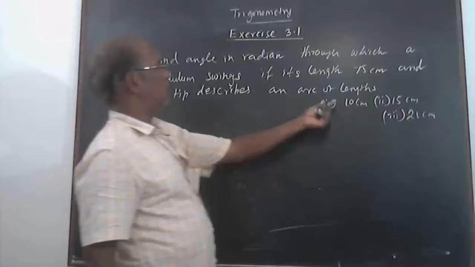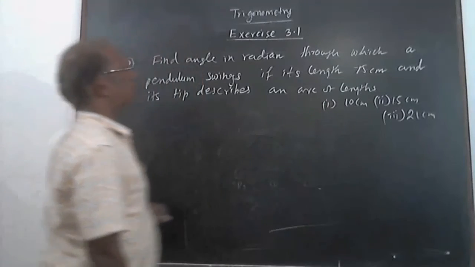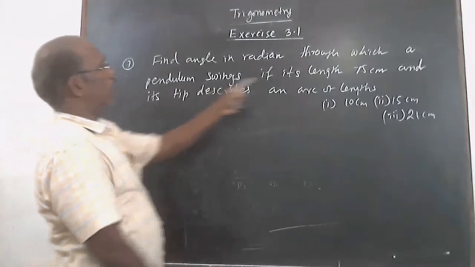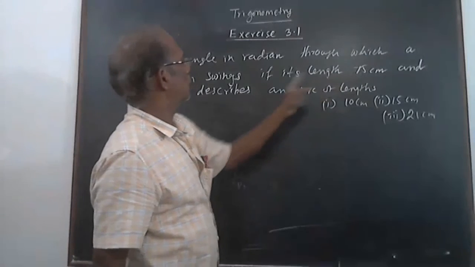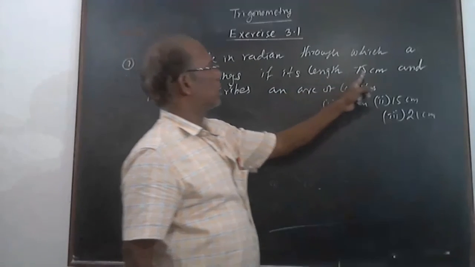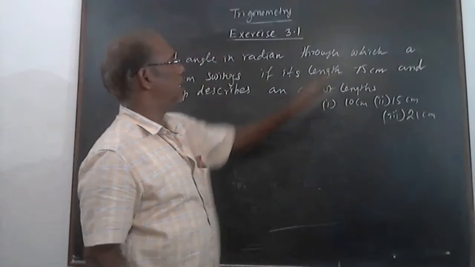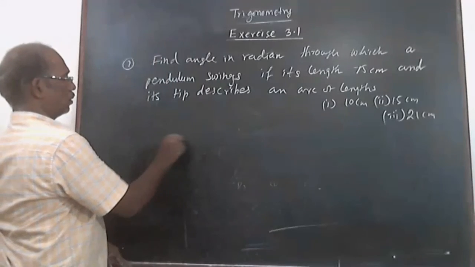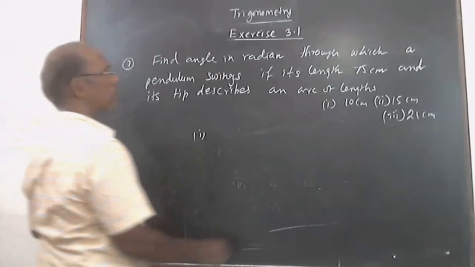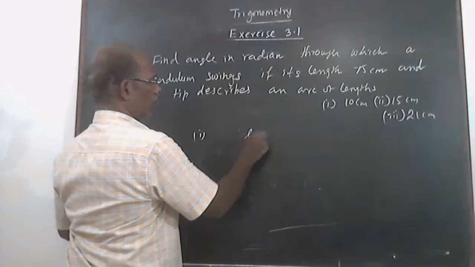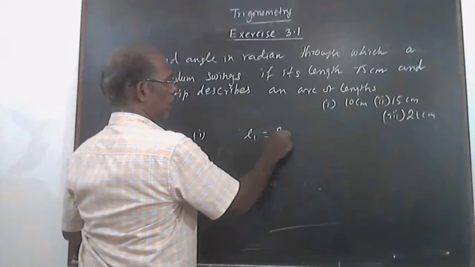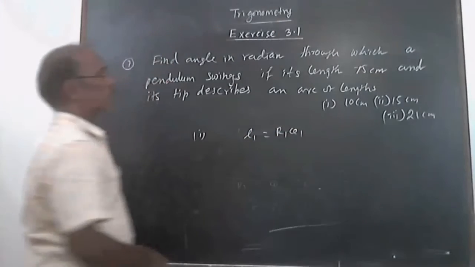The arc length L is given, and its length is 75 centimeter. There is a radius given. Okay, first case: L1 equal to R1 into theta 1, correct?